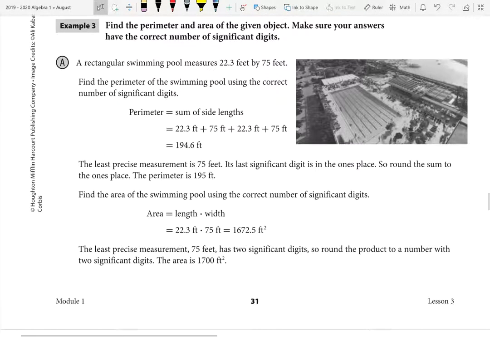Okay, so let's look at this example. It's already worked out. We'll try to make sense of it. Find the perimeter and area of the given object. Make sure your answers have the correct number of significant digits. So, a rectangular swimming pool measures 22.3 feet by 75 feet. So, first and foremost, keep in mind that 75 is less precise.